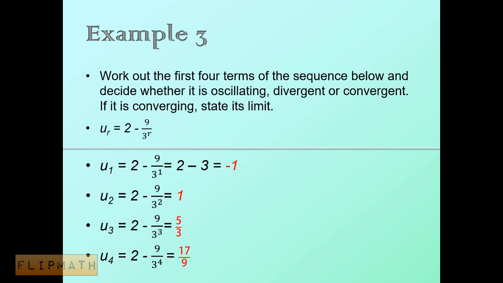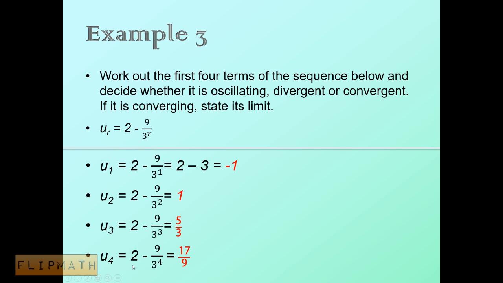You will see that the gap between them is getting smaller and smaller. So the gap between here and here is 2, the gap between here and here is 2/3, etc. And you can actually see by looking at this, as r gets bigger, the number in the bottom of this fraction is going to be bigger and bigger. The number at the top stays the same, so we could have 9 over 14 million here, which is effectively 0.